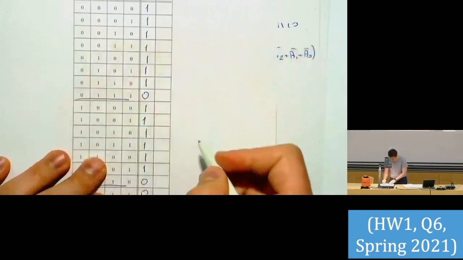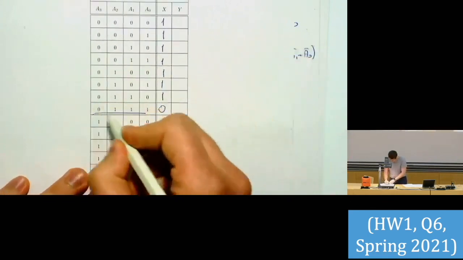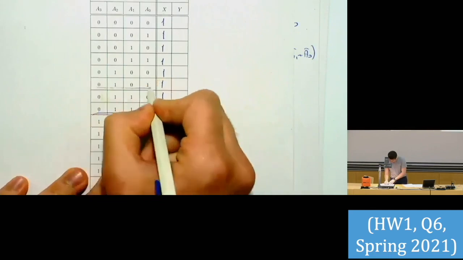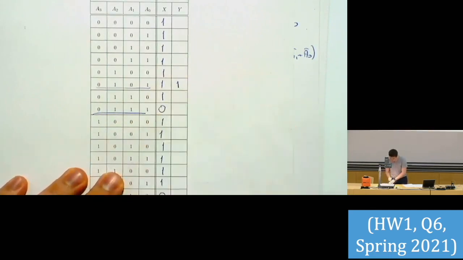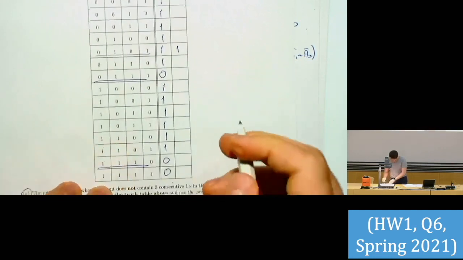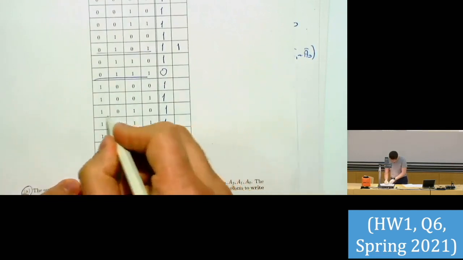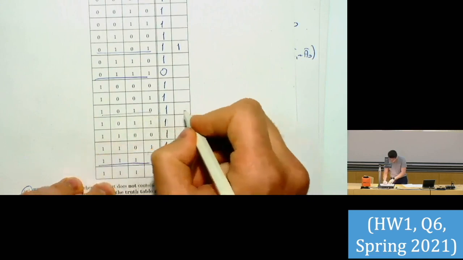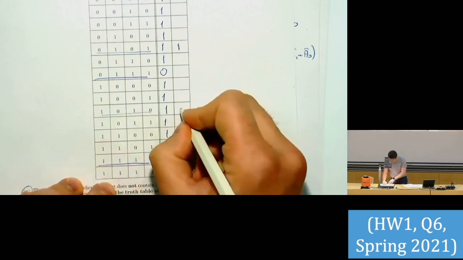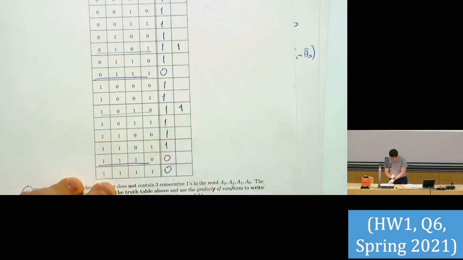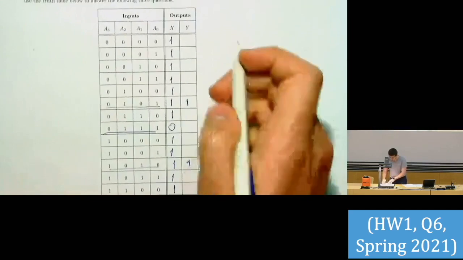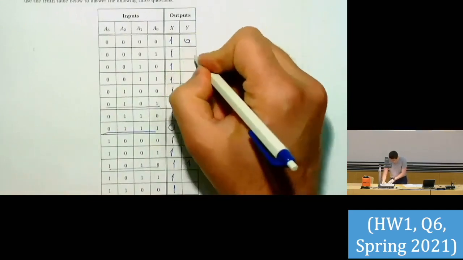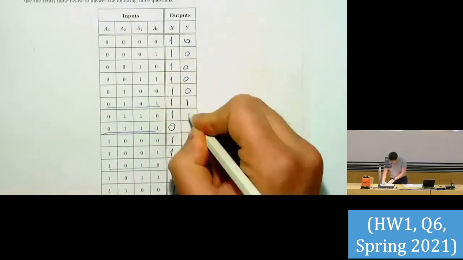Here I don't have any adjacent inputs equal to each other, so this should be 1. Here also, I don't have any adjacent inputs equal to each other, so this should be 1. The rest should be 0, because for the rest of the cases I will have at least two adjacent inputs equal to each other.